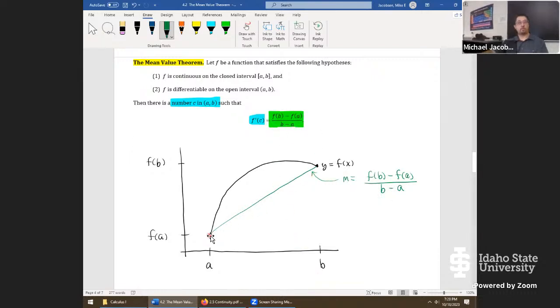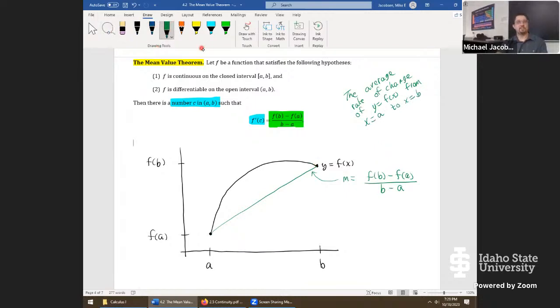Now, if you take a value on one endpoint, a value on the other endpoint of a function like this, the thing has a name. This is the average rate of change of y equals f of x from x equals a to x equals b.